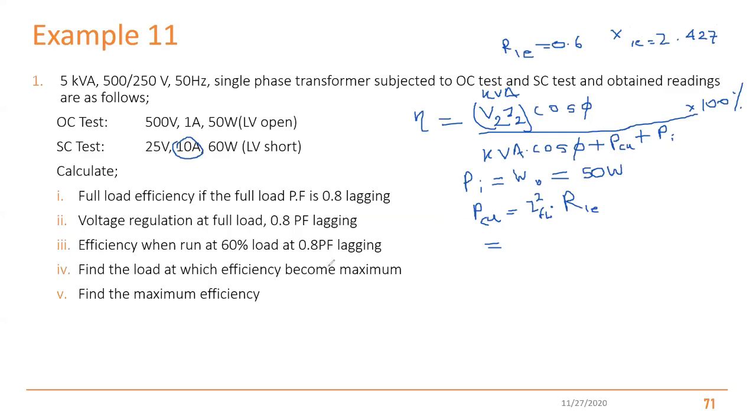Otherwise you can calculate the rated current by dividing the kVA value by the primary side voltage, that is the HV side. Therefore I should divide by 500. That means 5 into 10 to the power of 3 divided by 500, that is 10 amperes, which is again equal to the short circuit test current. Therefore I can write 10 squared into 0.6, this is at the full load.